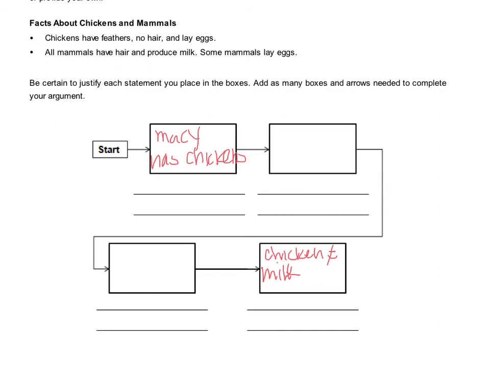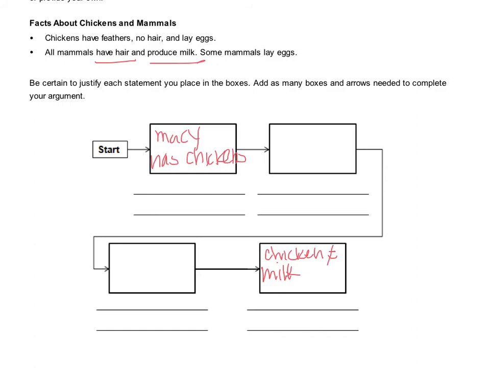So now we have to figure out how to get from the fact that Macy has chickens to the fact that her chickens aren't going to give her milk. So let's see what we know. Well, we know that chickens have feathers, no hair, and lay eggs. All mammals have hair and produce milk.